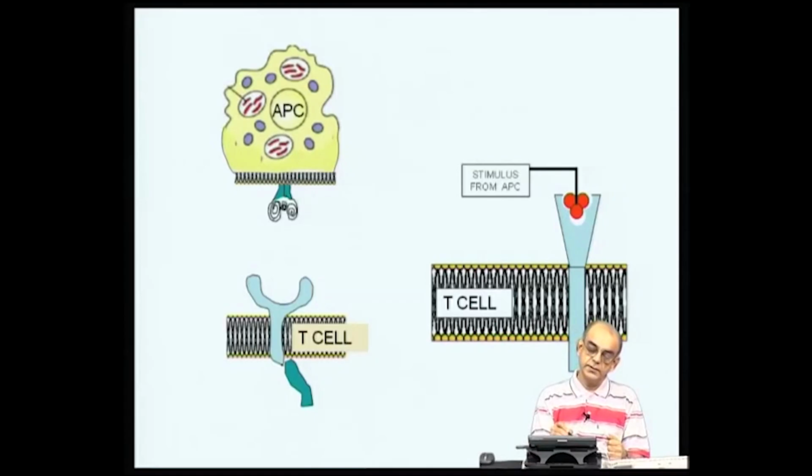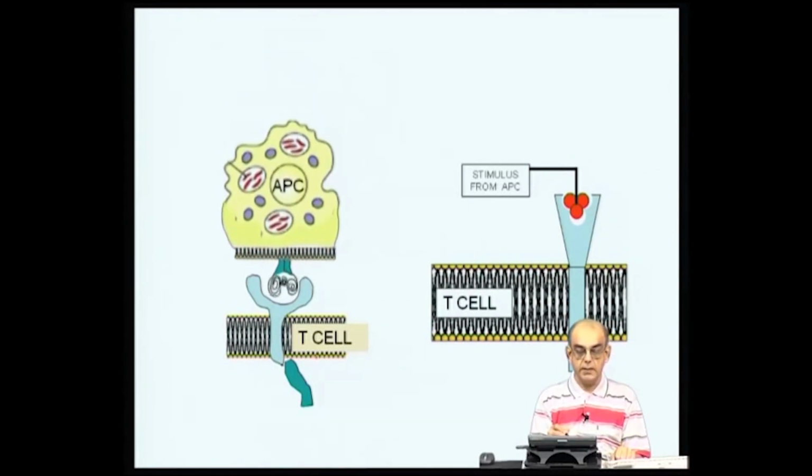This macrophage puts forward on its surface a molecule which is actually a heterodimer, meaning that it consists of two chains or two subunits, two protein chains that come together, and this is the one that actually stimulates the T cell.